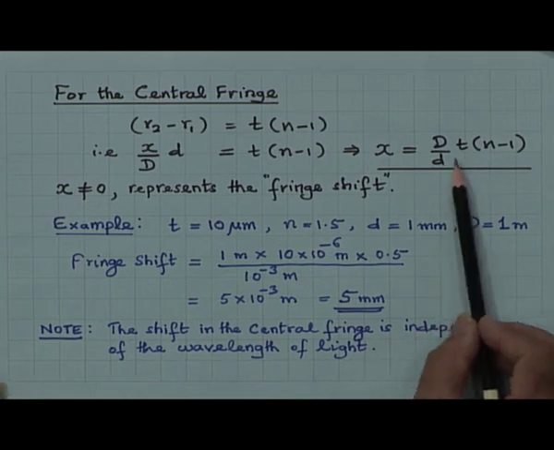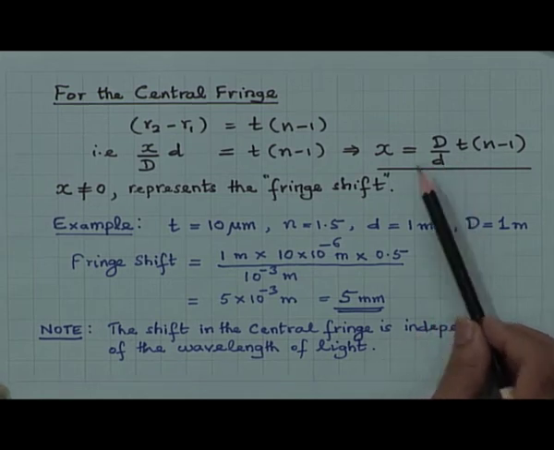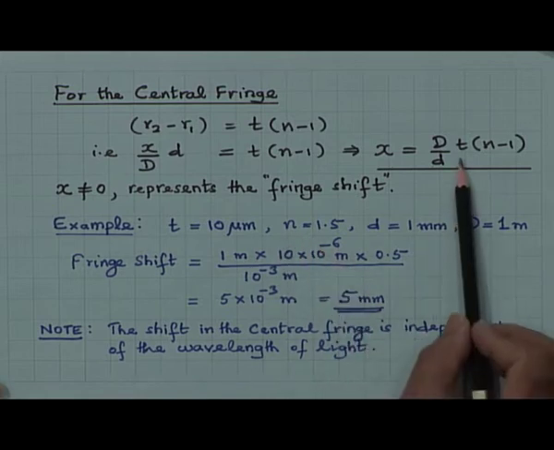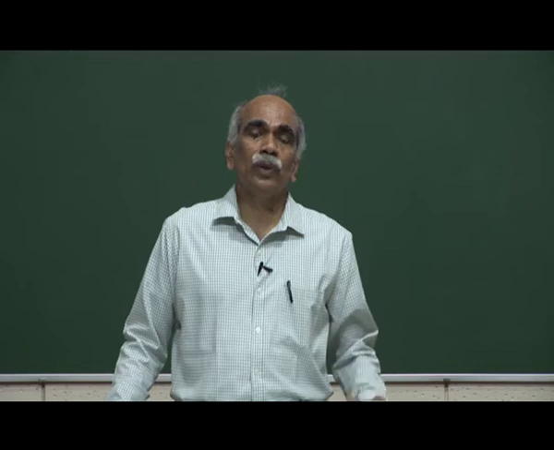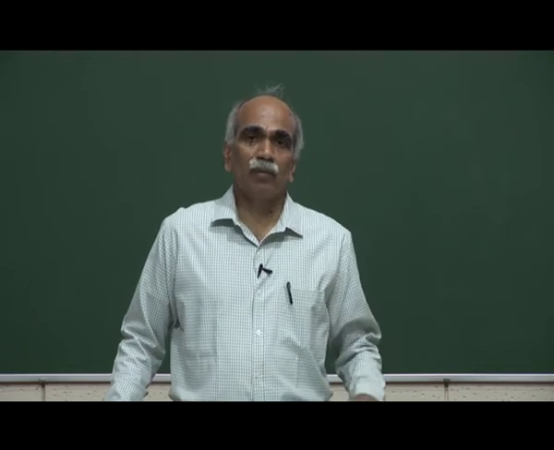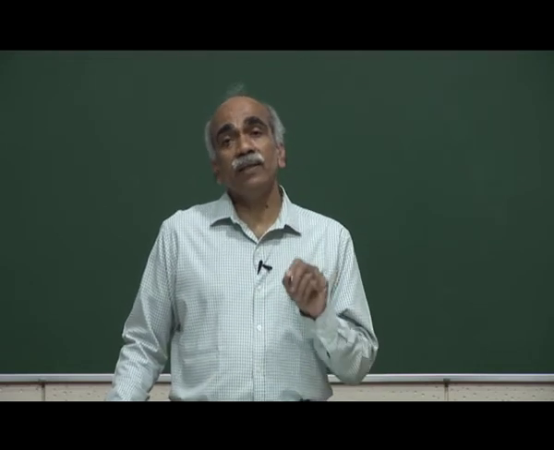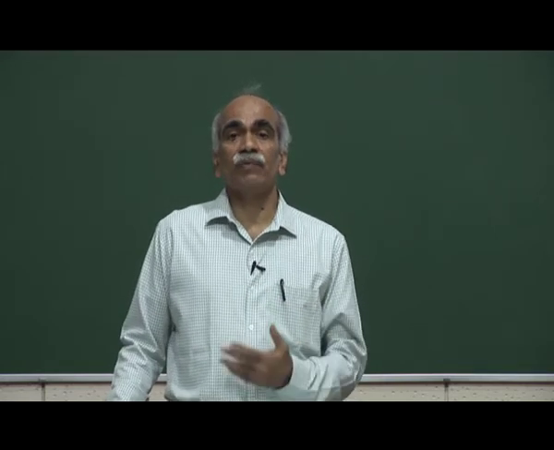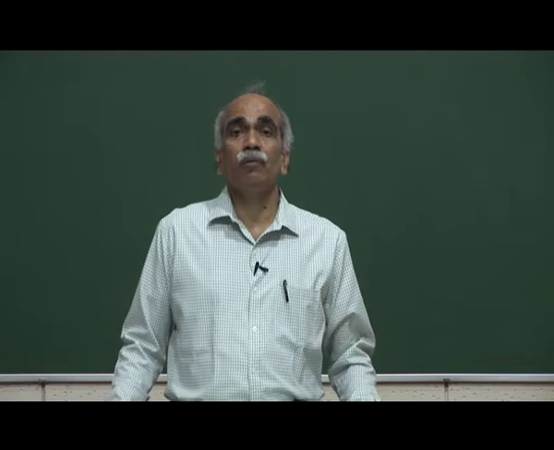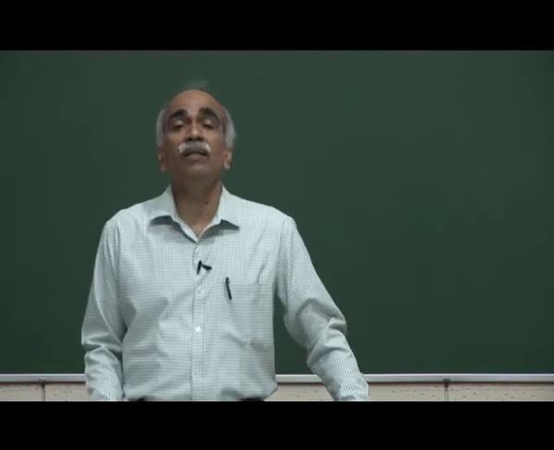This is particularly important when the thickness is very small, like a few microns. When sheets are thick, we can use normal instruments like a screw gauge. But when the thickness becomes a few microns, this is one of the nice ways of determining the thickness of thin films.